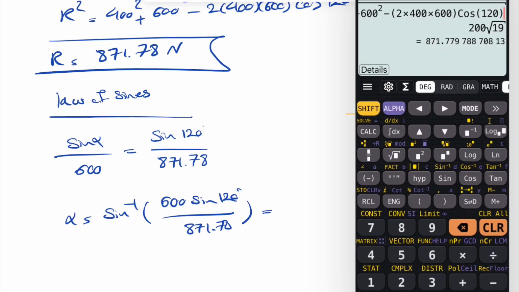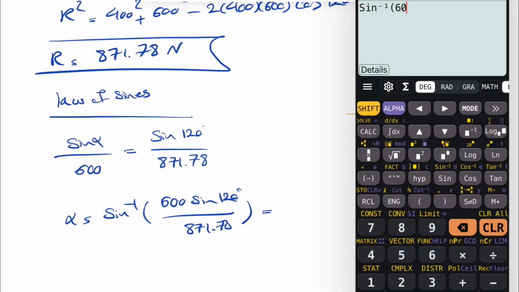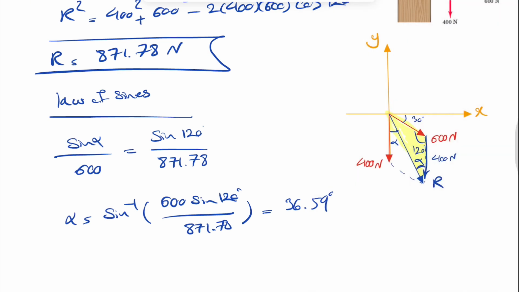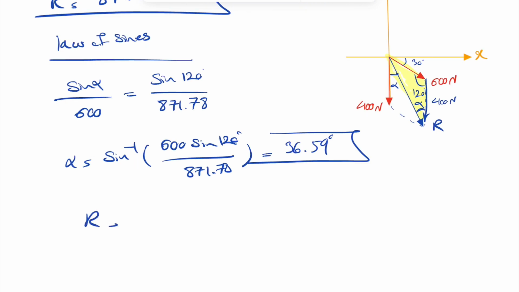Let's calculate this. So sine inverse of 600 times sine of 120 divided by 871.78. That's going to be 36.59 degrees.